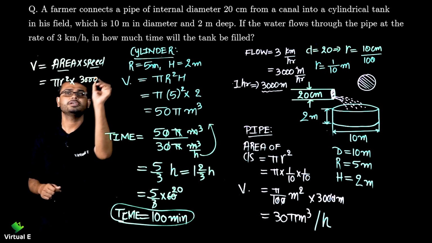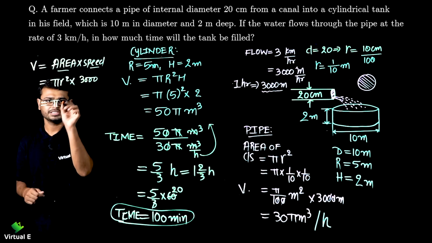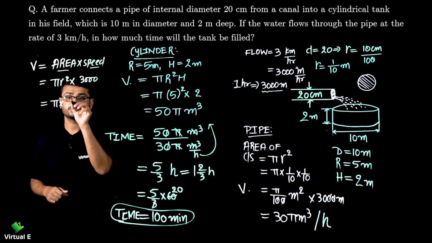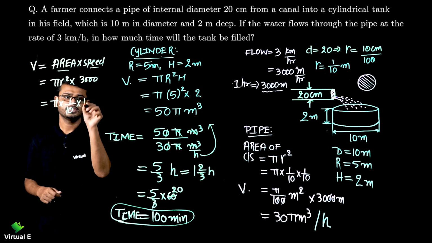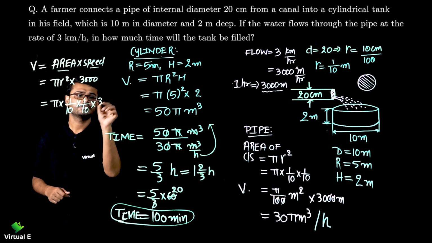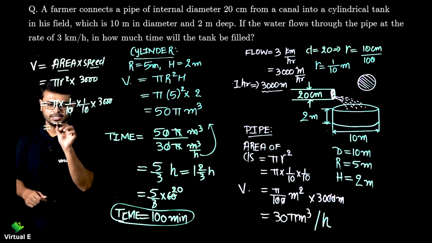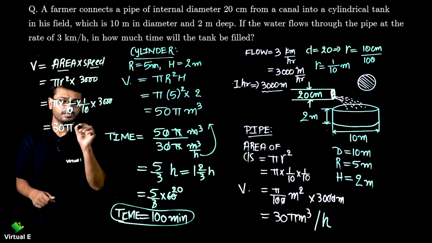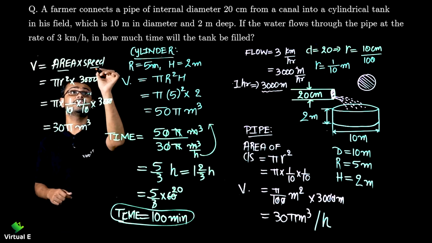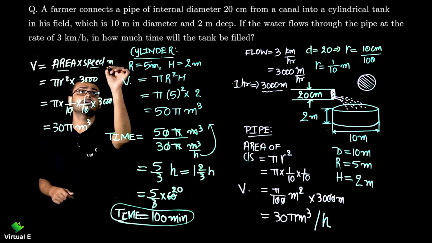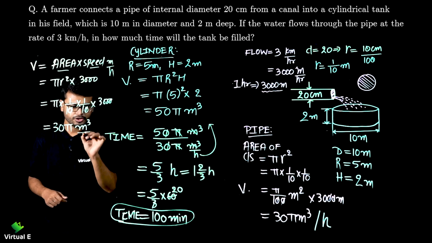So pi as it is, r square is 1 upon 10 into 1 upon 10, into 3000, done. See, 30 pi meter cube. Speed is meter per hour, so meter cube per hour.